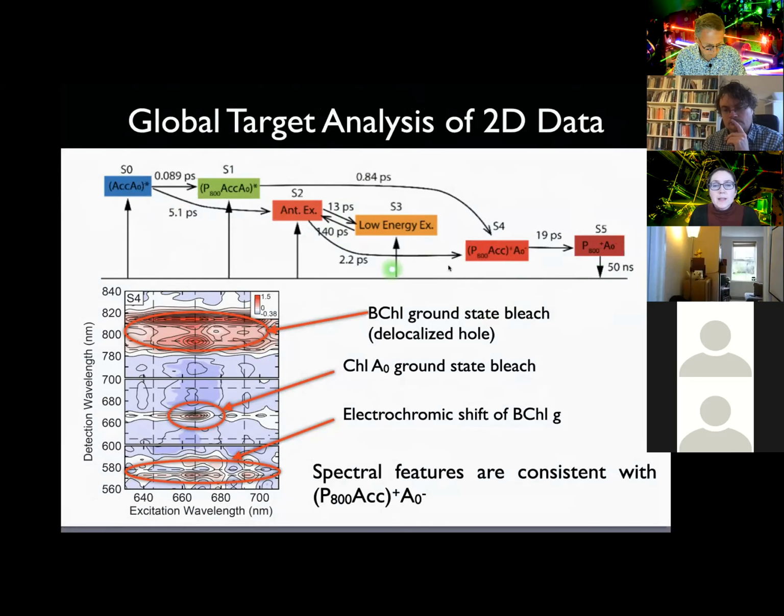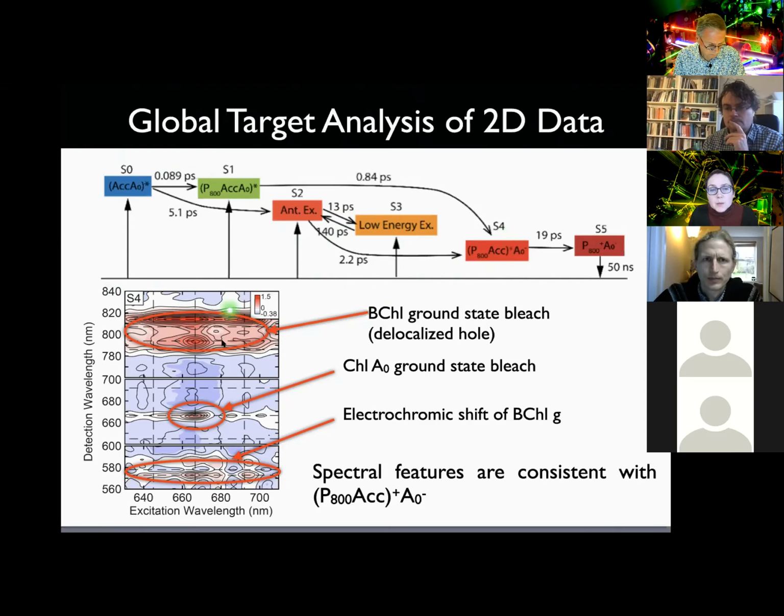What we find significantly is that independent of whether we excite directly into the reaction center excitons or the antenna, this model that has a single charge separation intermediate is consistent with the data.